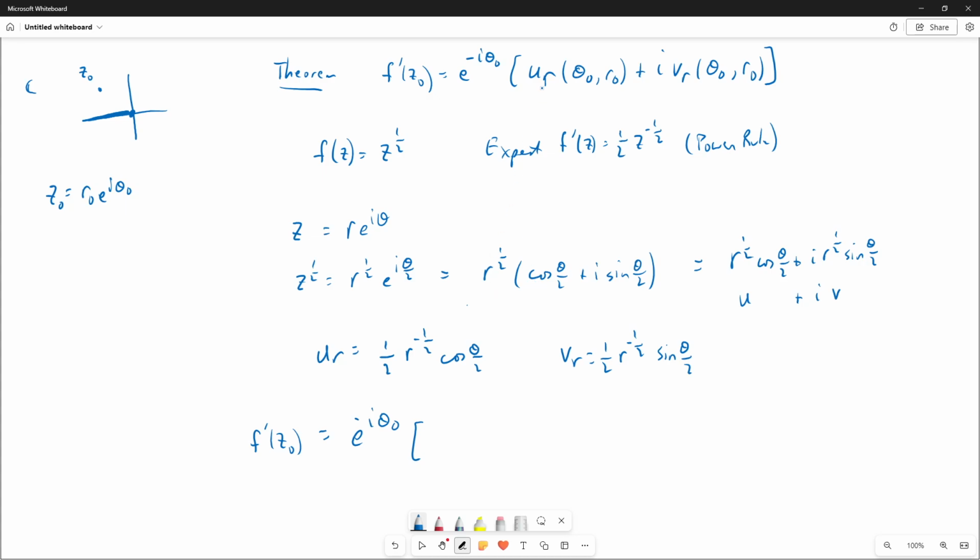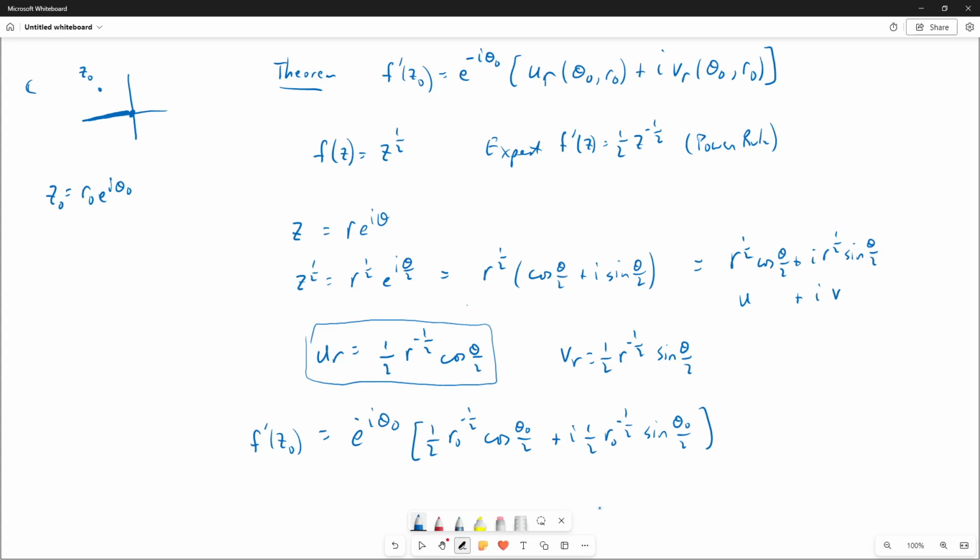So u sub r is here, and we'll just replace r and theta with r0 and theta 0. So 1/2 r0 to the minus 1/2 cosine theta 0 over 2, and then plus i v sub r, and v sub r is here, 1/2 r0 to the minus 1/2 sine of theta 0 over 2.